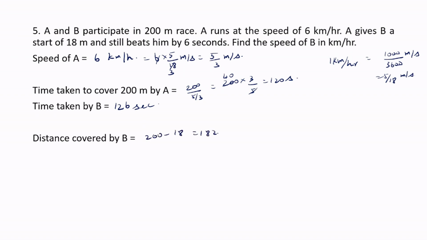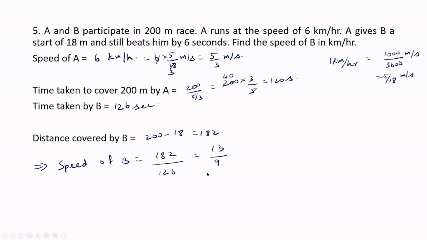It is 182. So from this we can find speed of B. Speed of B is distance by time. So it is 182 by 126, which is 13 by 9.